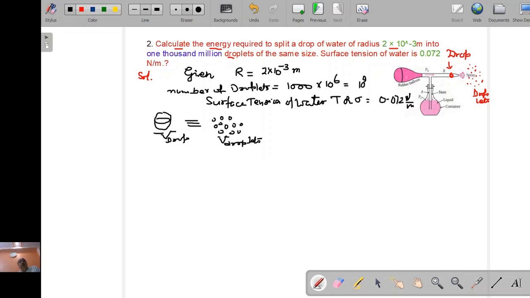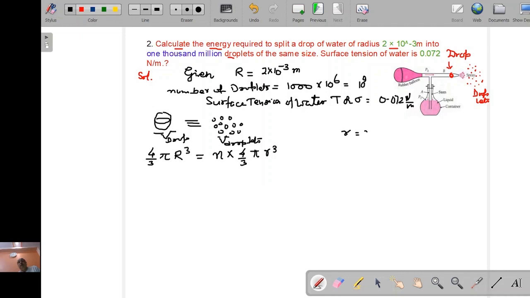So the volume of the drop is 4 by 3 pi R cube, as it is spherical, and the volume of the droplets will be n, the number of droplets, into 4 by 3 pi small r cube, if each droplet has radius small r.